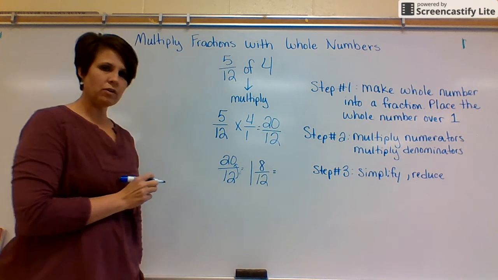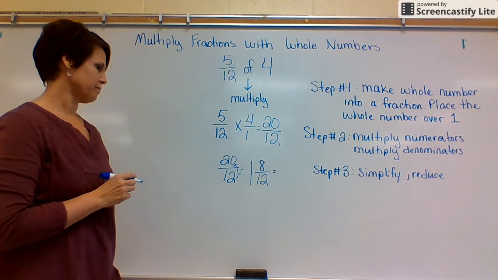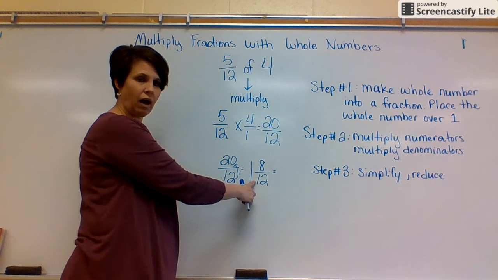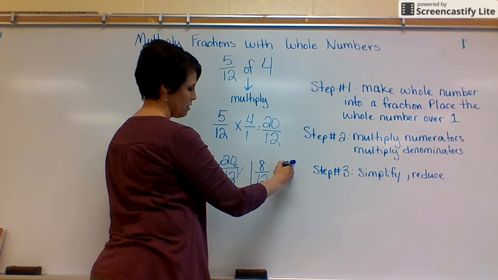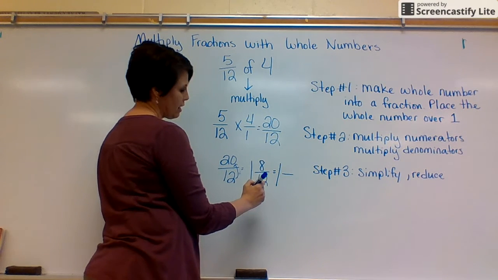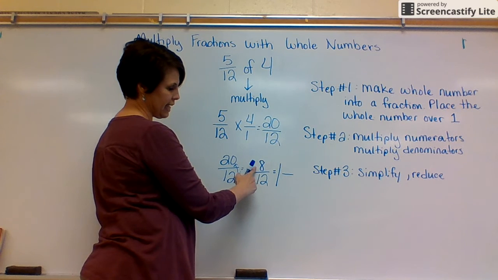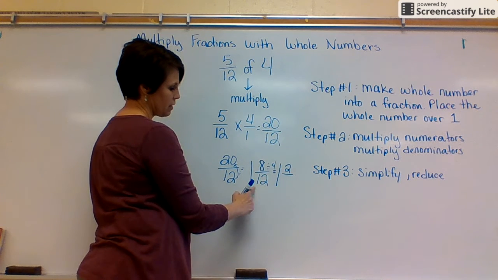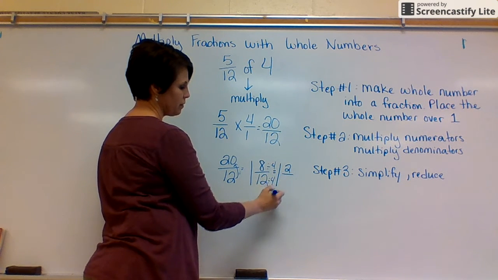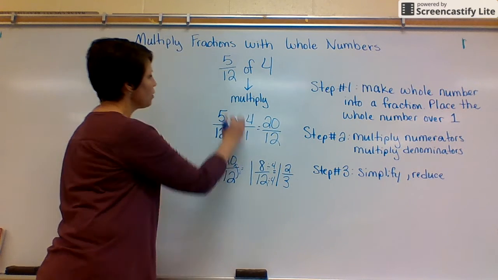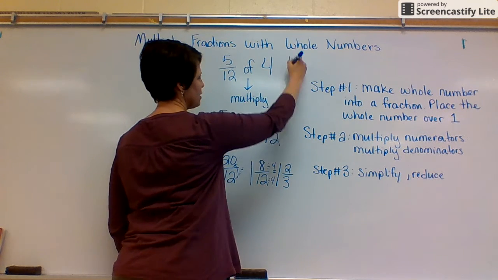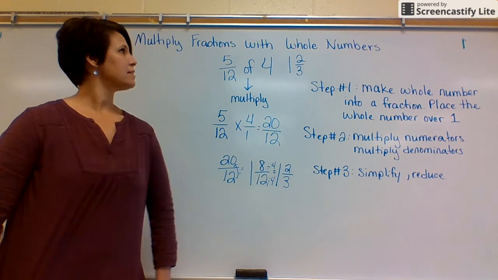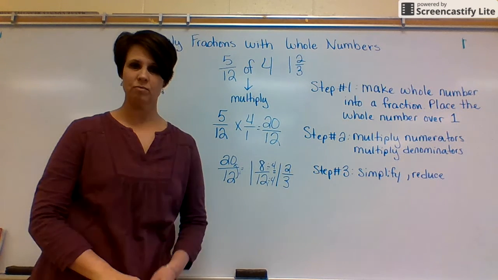And then we want to be sure and look and see if that would reduce even further. And it will, because 8 and 12 both have a common factor that will go into them. And that is 4. 4 goes into 8 2 times. And 12 divided by 4 is 3. So 5/12 of 4 is 1 2/3. And that is how you multiply fractions with whole numbers.